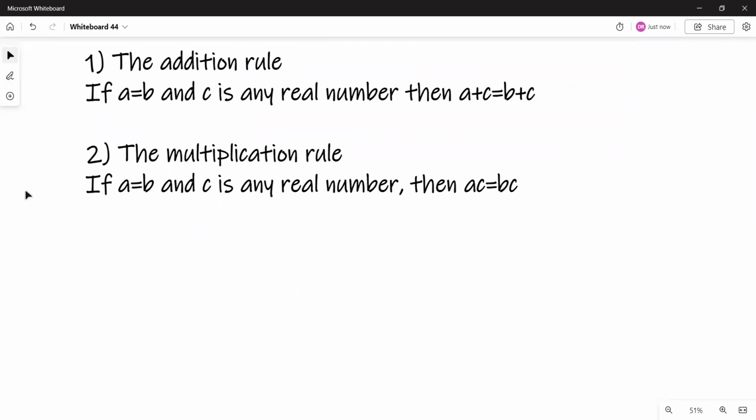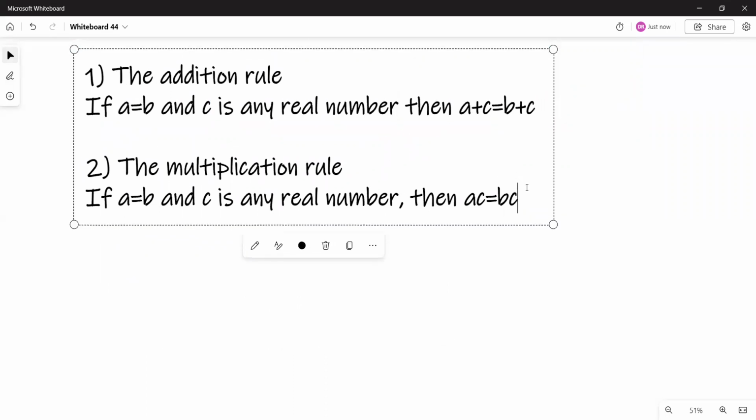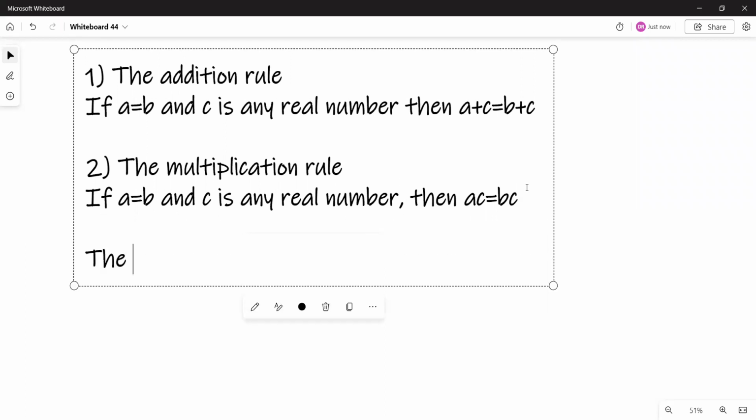So this has a couple of consequences. The above rules have two consequences.